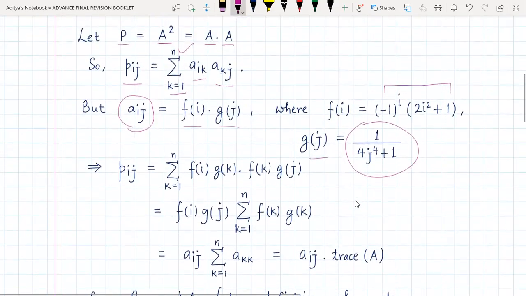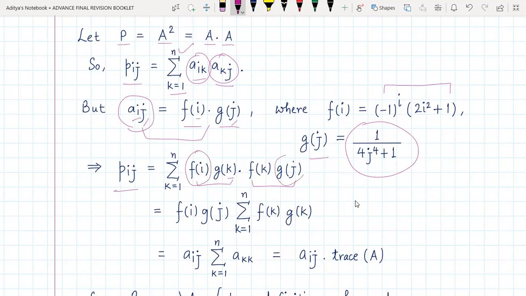Now P_ij becomes, look, A_ik I have written as f_i into g_k, because that's what I have assumed A_ij's general form as. Instead of j I have written k, and A_kj similarly becomes f_k into g_j. Now f_i and g_j are independent of the index k, so they can be taken outside the summation.